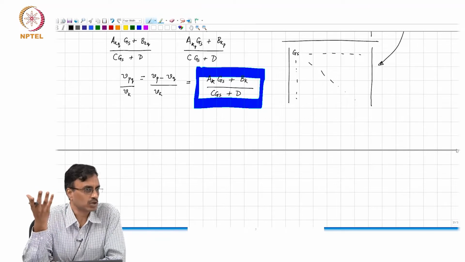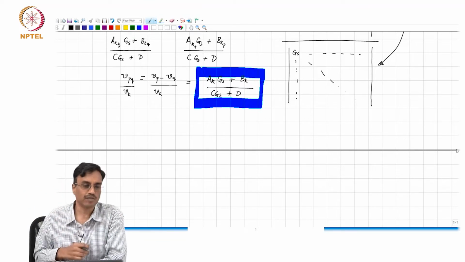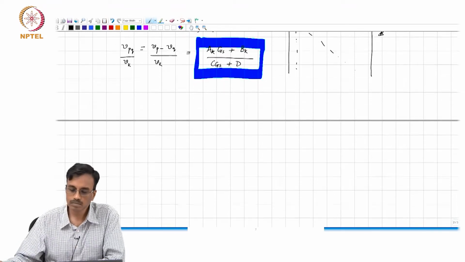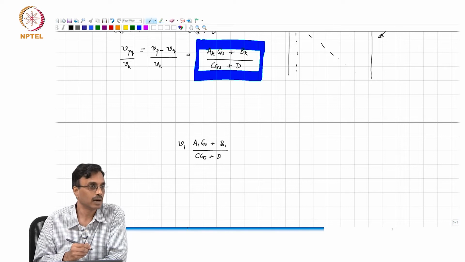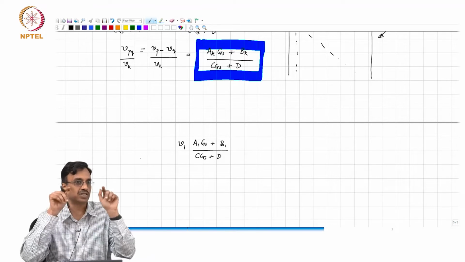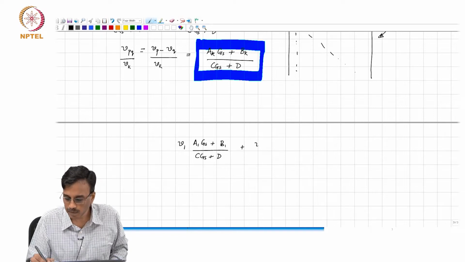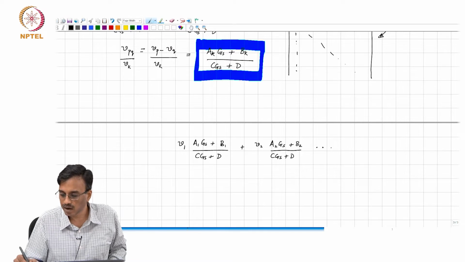If there were deterministic sources, the total output because of these multiple sources would be V1 times A1 GS plus B1 divided by C GS plus D, correct. This is the first source inside the box, plus V2 times A2 GS plus B2 over C GS plus D, blah blah blah until you're blue in the face.